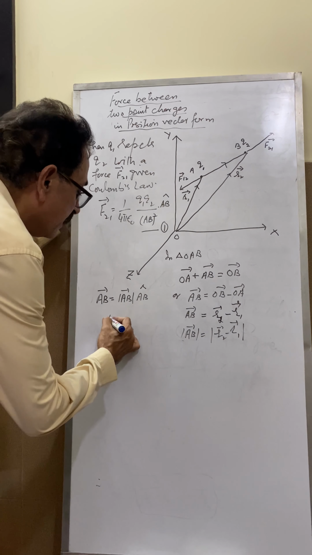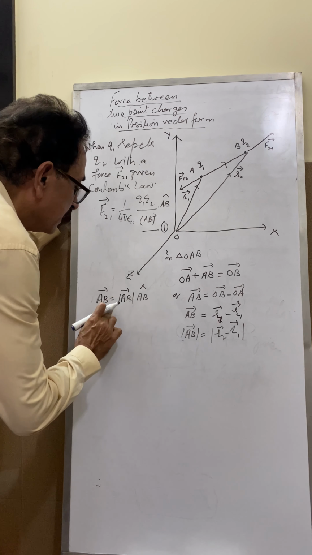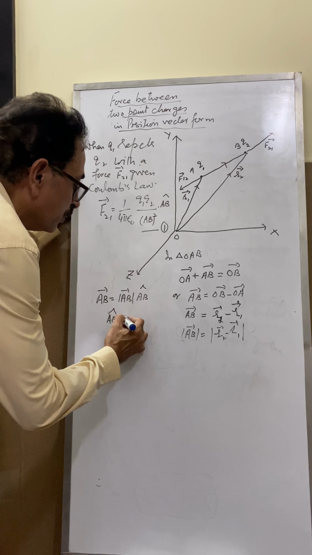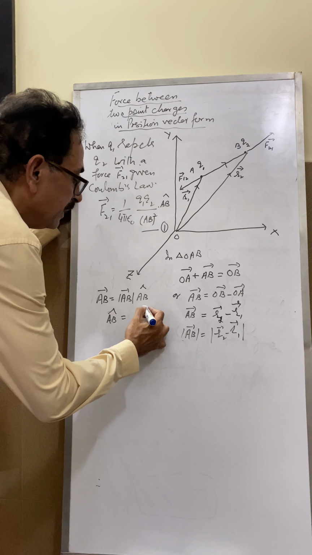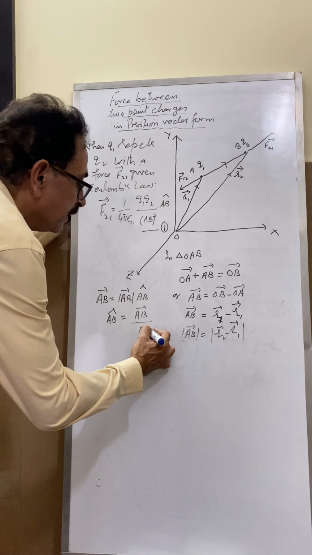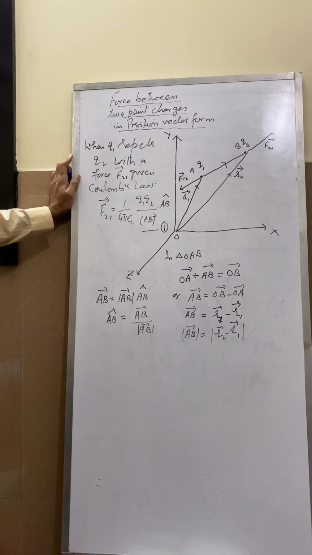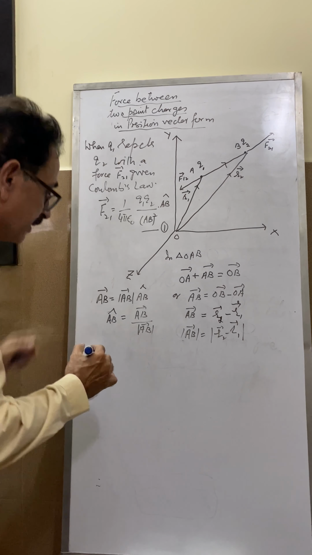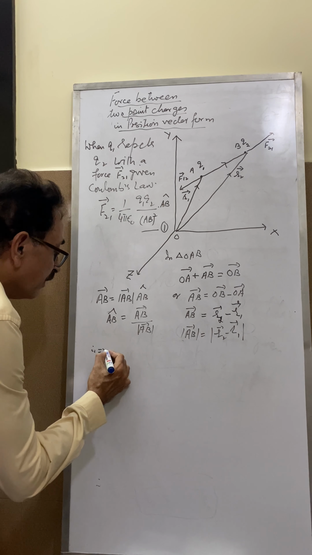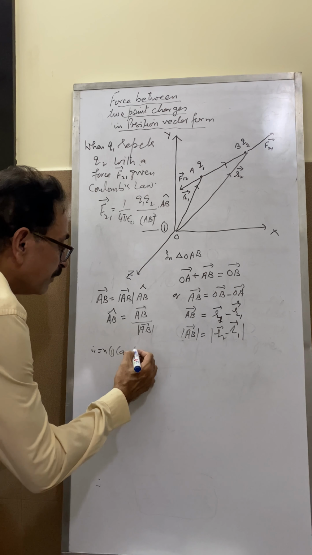I will write this as AB cap equal to vector AB divided by AB magnitude.